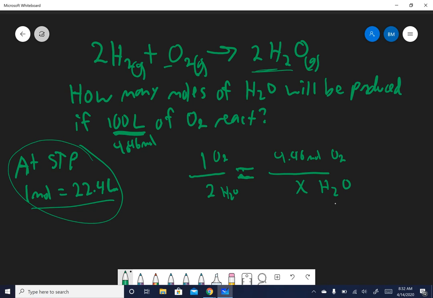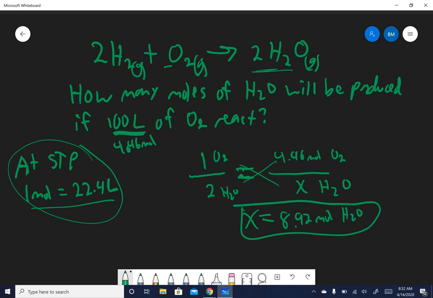We know if 1 mole reacts, 2 will be produced. So if 1 reacts, 2 is produced. How many moles will we get if 4.46? So we cross multiply. X equals 4.46 times 2. I get 8.92 moles of H2O. So there's that problem.